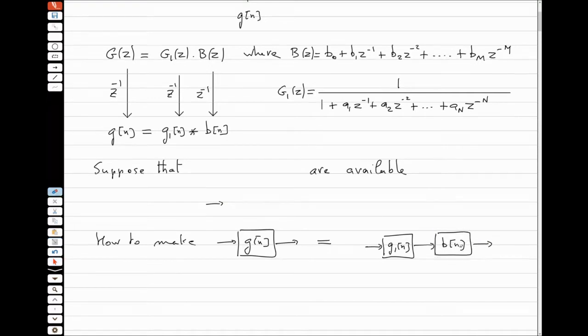Should I cascade like that, or should I cascade the other way? Does it matter? Yes, that's the right question. Does it matter? Does not matter. It does. No, wrong. It does not, because convolution is commutative.